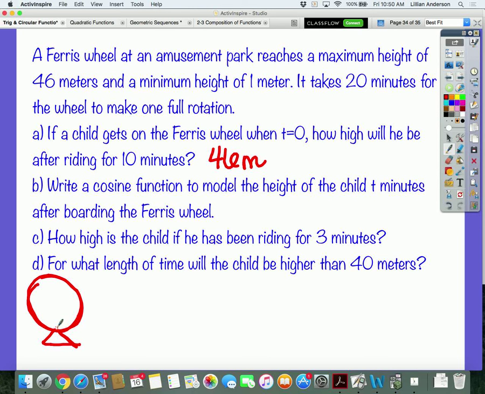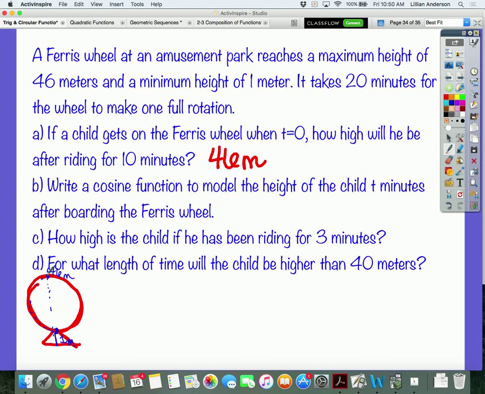The base of that is 1 meter, and then its maximum height is a full 46 meters. So after 10 minutes, you've gone halfway because the person gets on right here, and when they ride it, they've gone half the distance, or half the time, but it's still at the top.